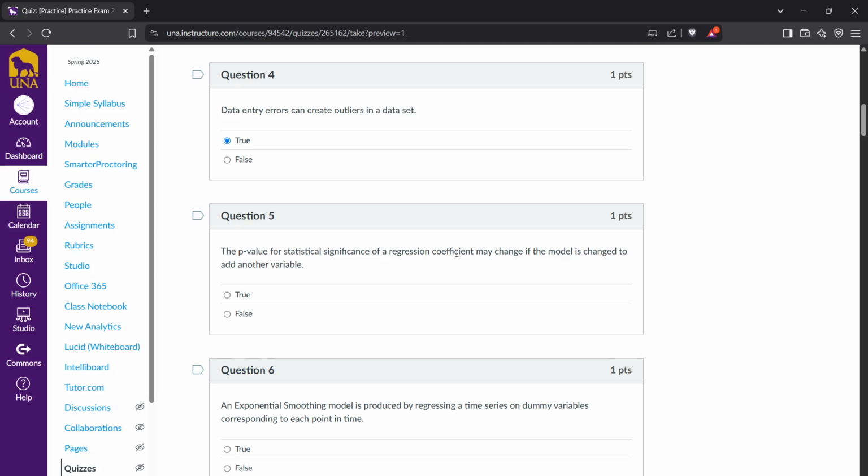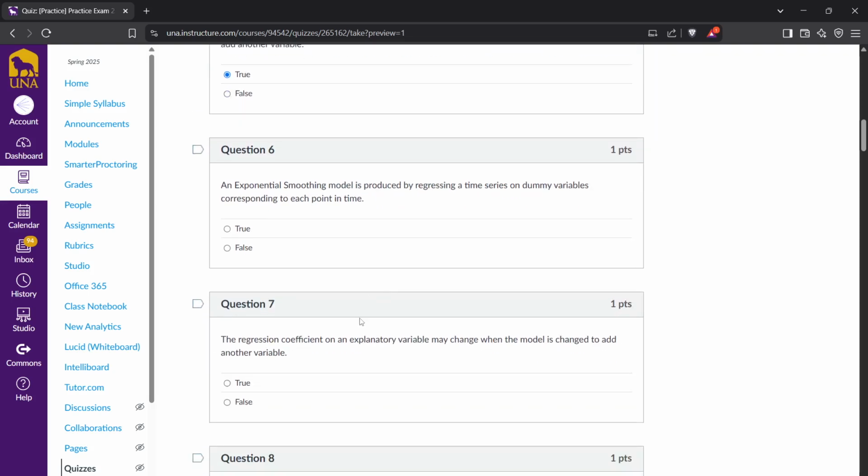I'm going to wind up with different coefficients. They're going to have different standard errors. I'm going to have different t-statistics, and the different t-statistics are going to have different p-values associated with them. Yeah, all of those things are going to change. It may change.